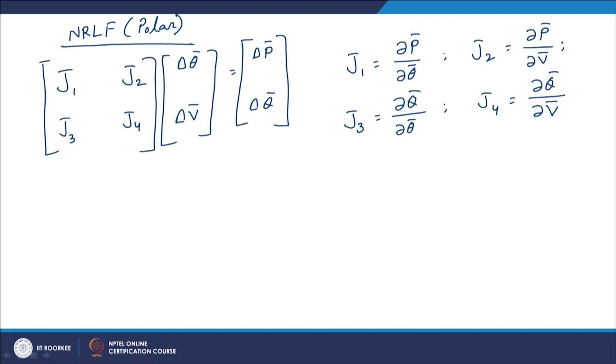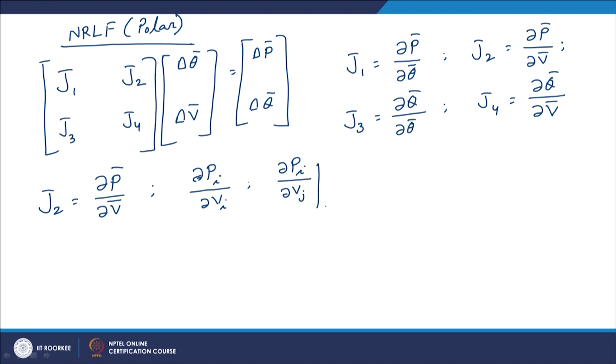J2 is del P by del V. As we have seen, we have 2 general expressions: one is del Pi by del Vi, and another is del Pi by del Vj, j not equal to i.